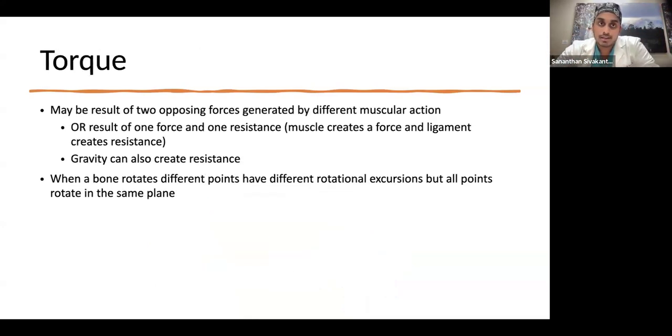The torque is usually the result of 2 opposing forces generated by different muscular action, or it can be the result of 1 force and 1 resistance, and that resistance can also be gravity. A bone can rotate around different points with different rotational exertions, but all points rotate in the same plane.